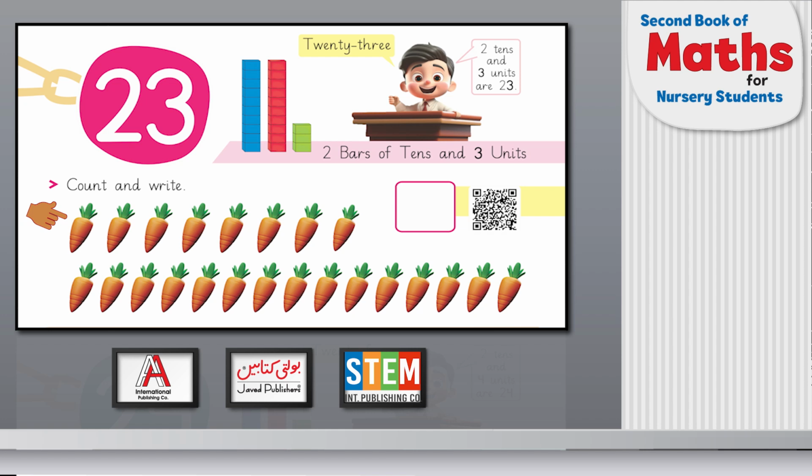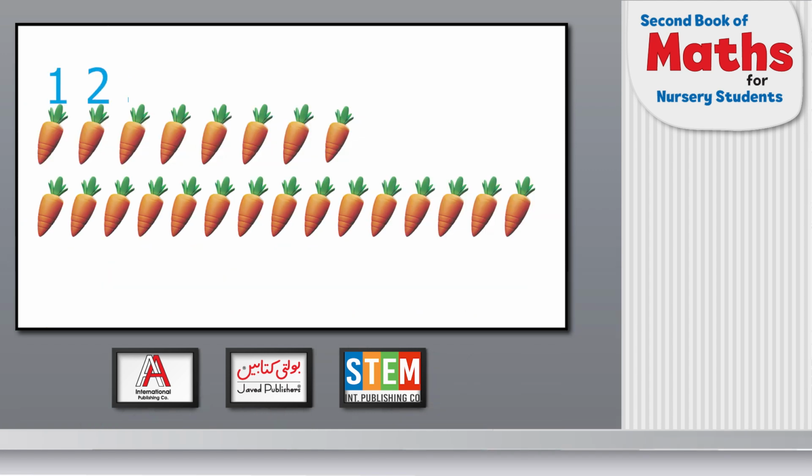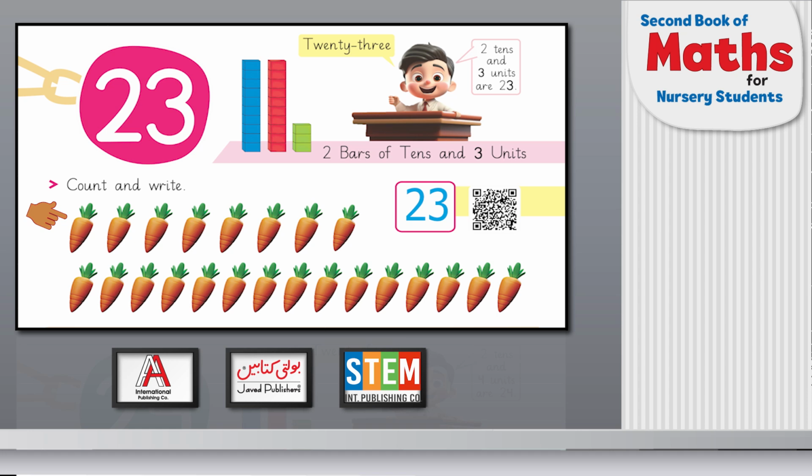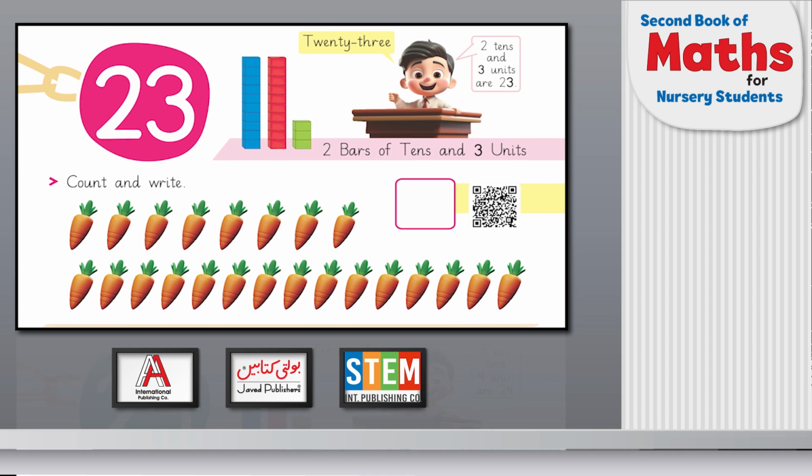Let's count them and then you have to write how many carrots are there. 1, 2, 3, 4, 5, 6, 7, 8, 9 and 10. 11, 12, 13, 14, 15, 16, 17, 18, 19 and 20. 21, 22 and 23. So my dear kids, you have to write 23 in this empty box given.